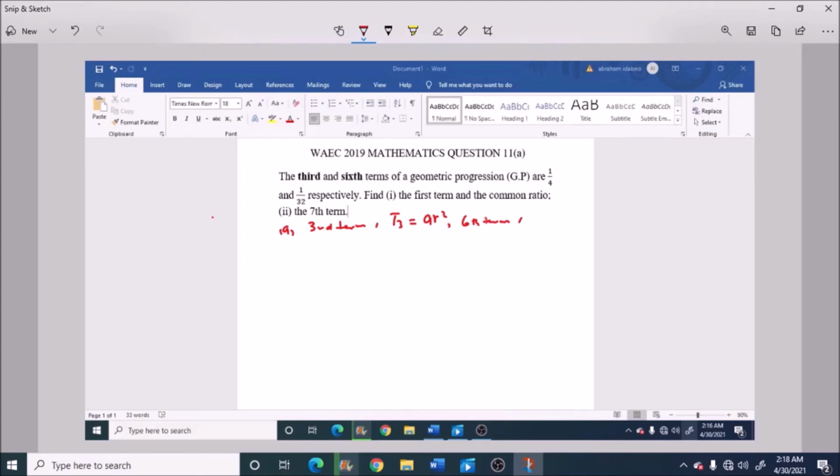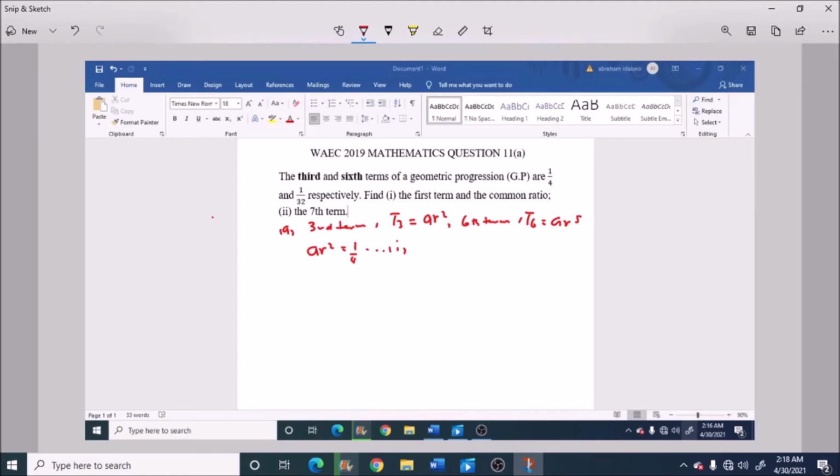So we have ar squared is equal to 1/4. Let's call this equation 1, and then we have ar^5 equals 1/32. Let's call this equation 2. So divide equation 2 by equation 1.